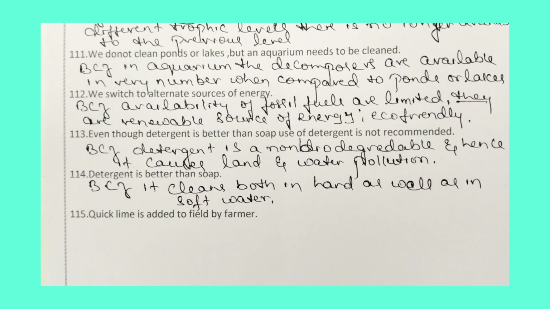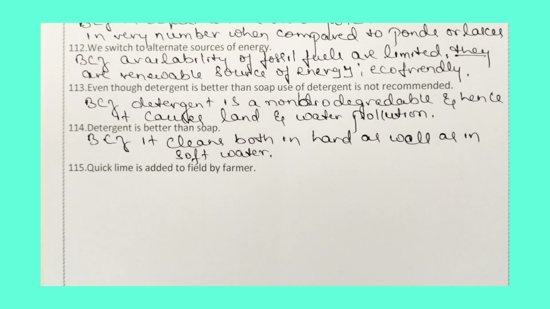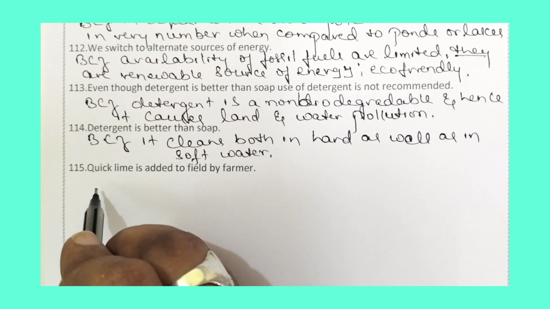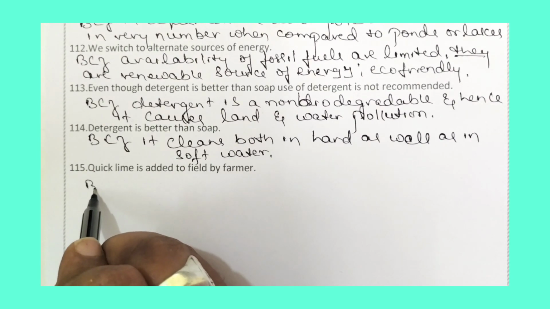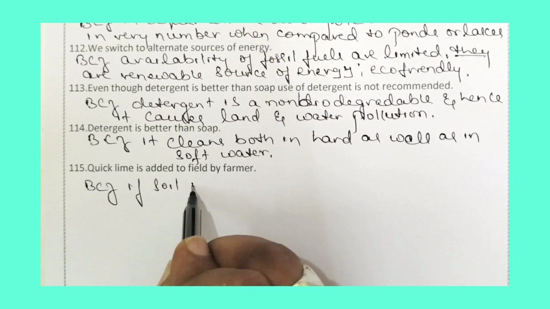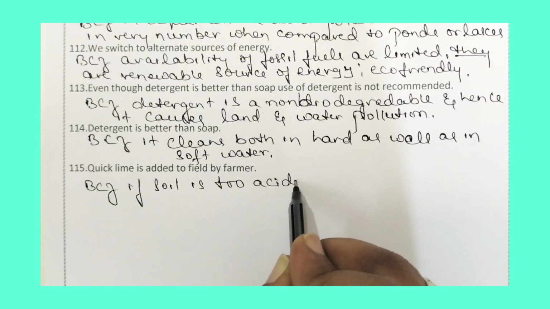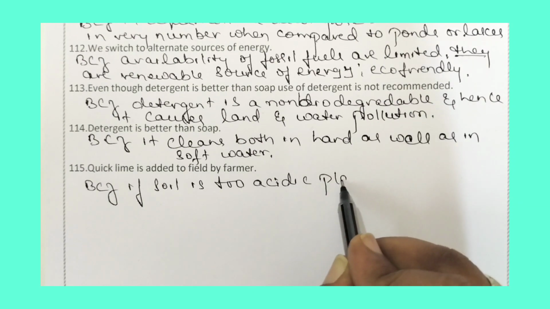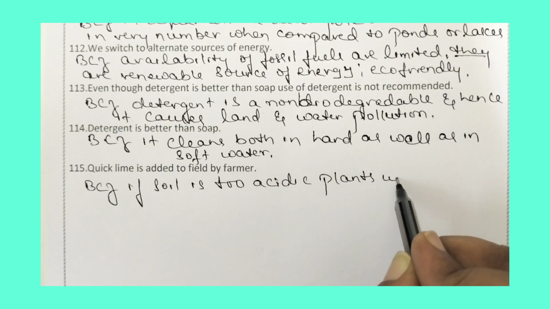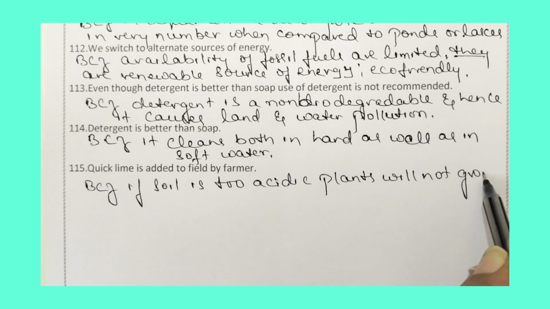Next, the last question of give scientific reason for the following: quick lime is added to field by farmer because if soil is too acidic, plants will not grow properly.